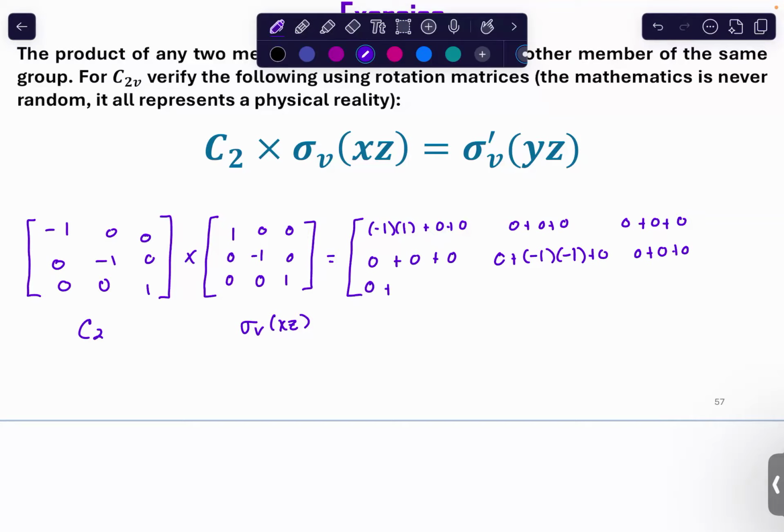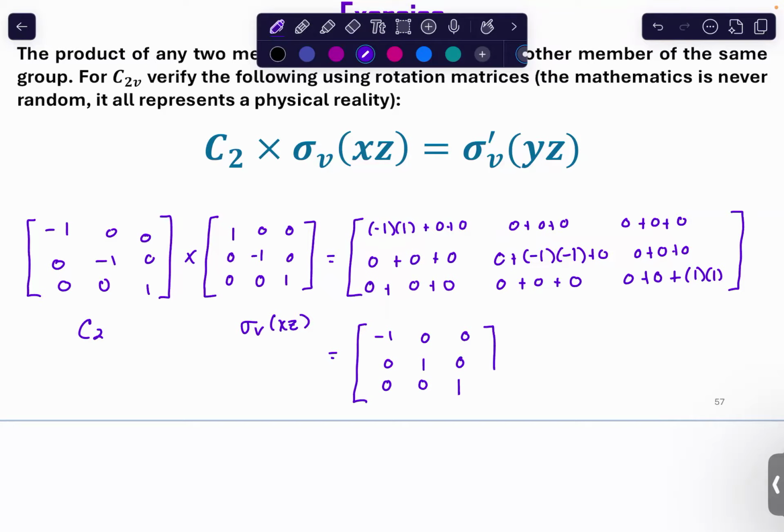And then we're going to have row 3, column 3. And of course, what this gives us is -1, 1. Yep, that's right. Yay.